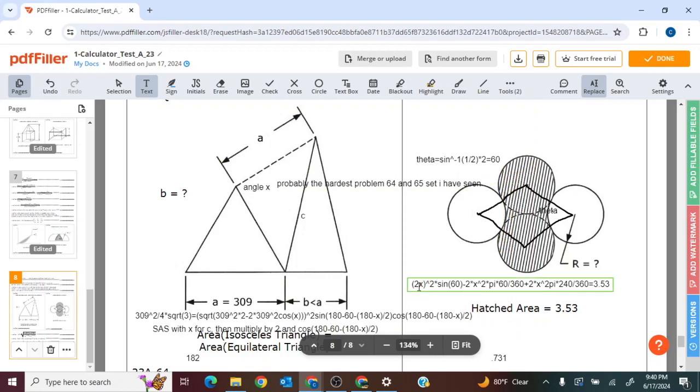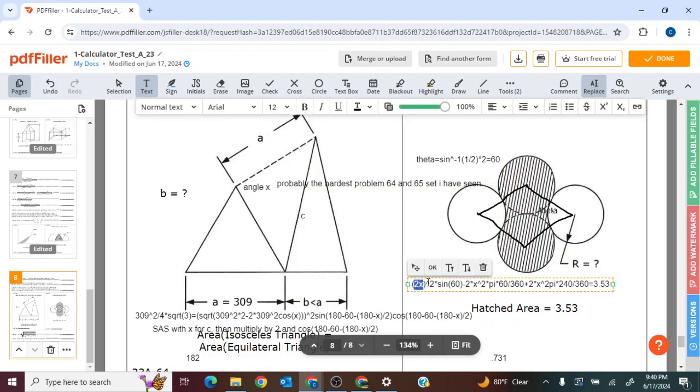So you have your 2x, or this angle theta right here, hypotenuse is 2r, and your vertical is r, so sine inverse of 1/2, and multiply it by 2 because it's dual-sided, and you get 60 degrees.